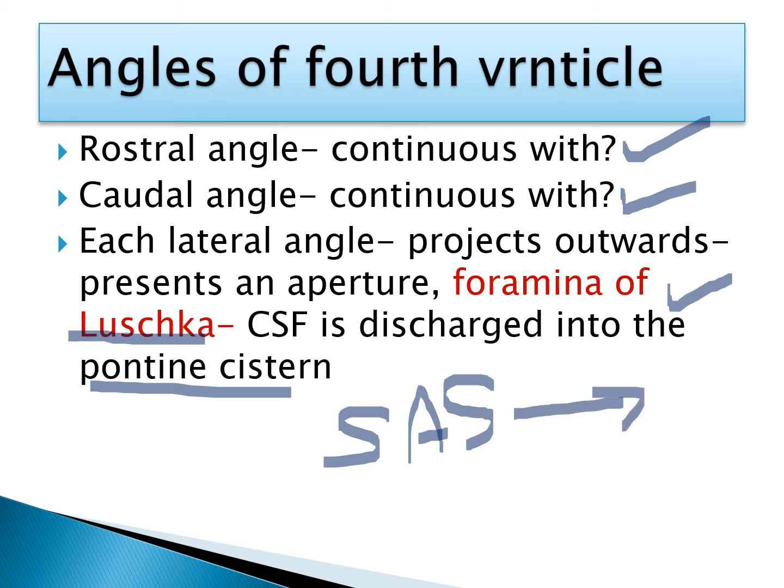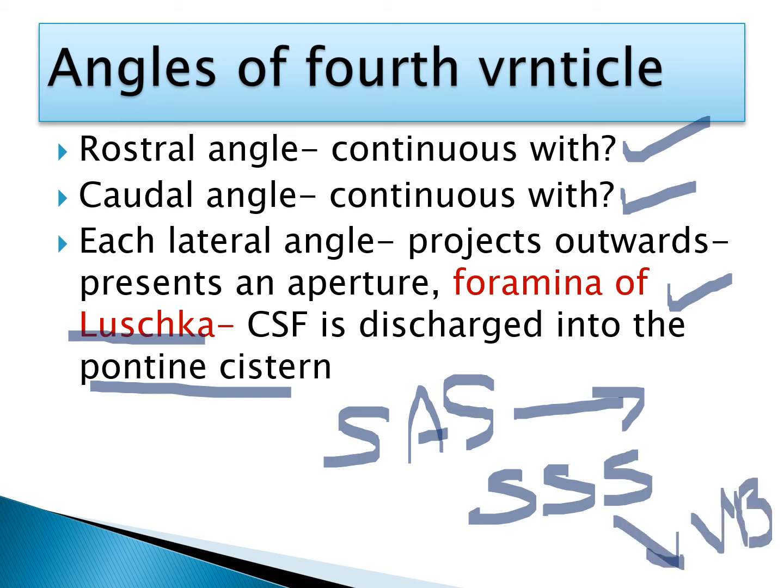From the subarachnoid space, through the superior sagittal sinus, it reaches the venous blood. That is how CSF is formed in the ventricles and then drained. How it enters the subarachnoid space: one way is through this foramen of Luschka.